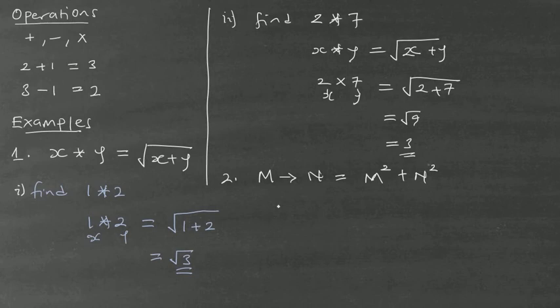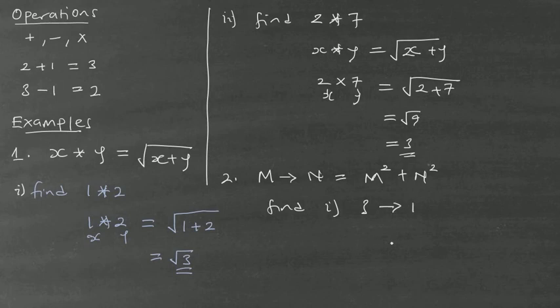If they tell us to find, Roman numeral 1, maybe 3 star 1. This is not a star. The sign is different, telling us 3 arrow 1.